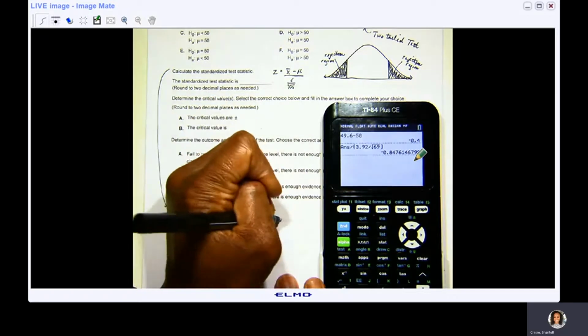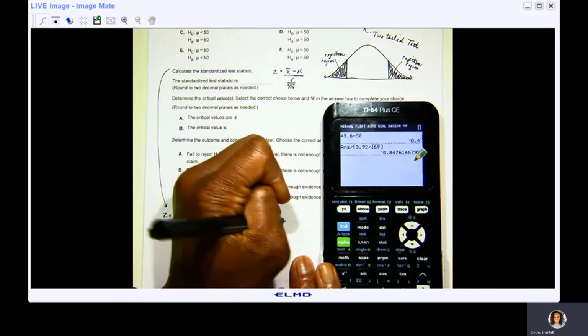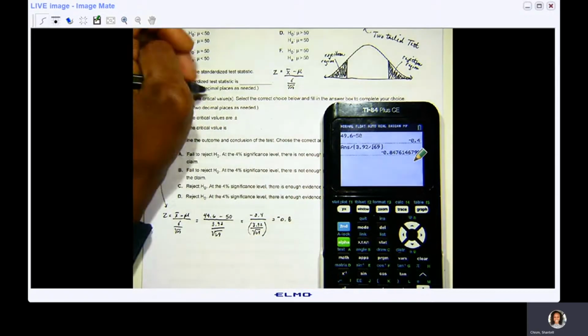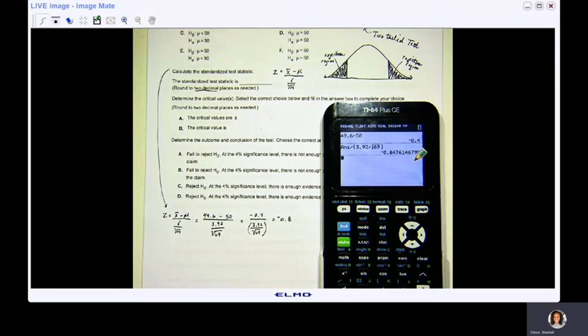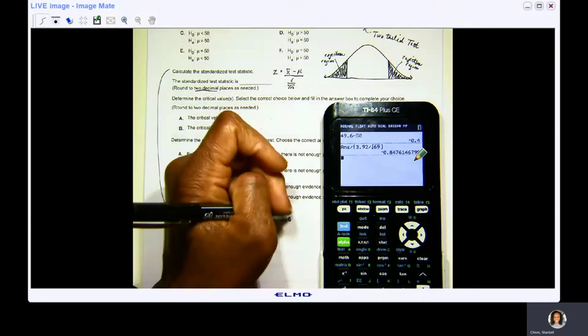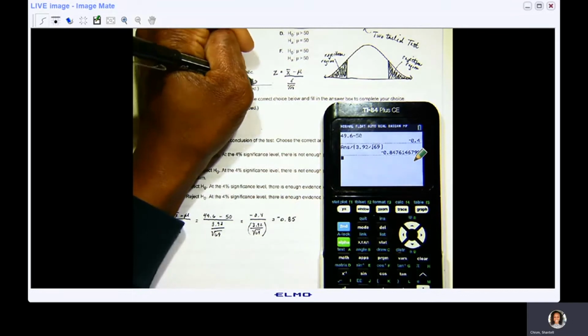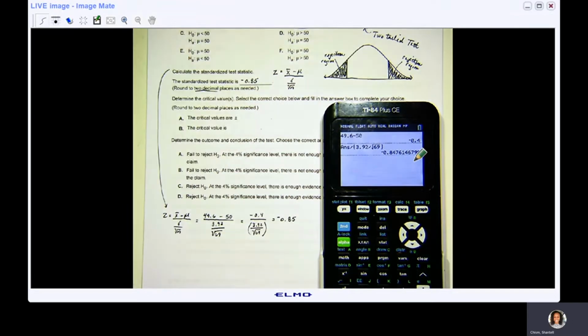All right, and I've got a negative 0.85. If we round to two places, it does say round to two decimals. So that would be a negative 0.85.